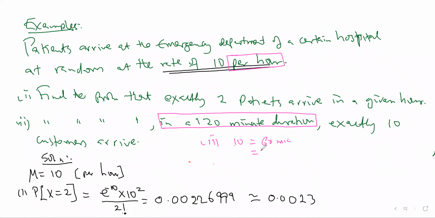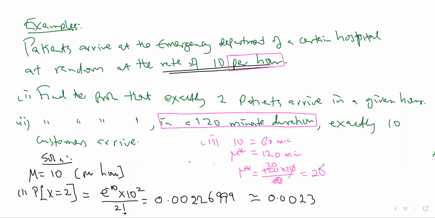You need to compute a mu, which you can call mu star if you have 120 minutes. So using simple cross multiplication, mu star is equal to 120 times 10 divided by 60, which will give us 20 times 1, which is the same as 20. So that's the new mu that we shall be using to answer Roman 2.